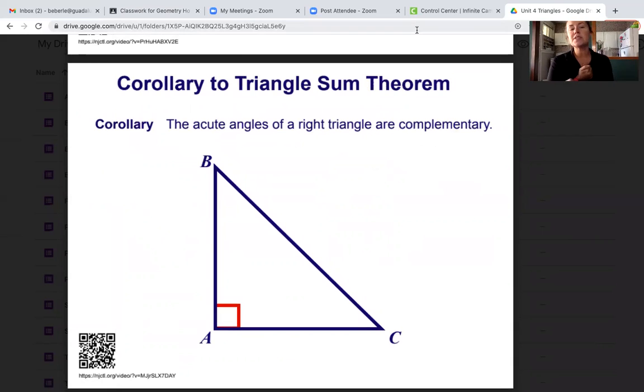This says the acute angles of a right triangle are complementary. Complementary is a word that we went over a few units ago. What does this word mean? How many degrees does that mean?